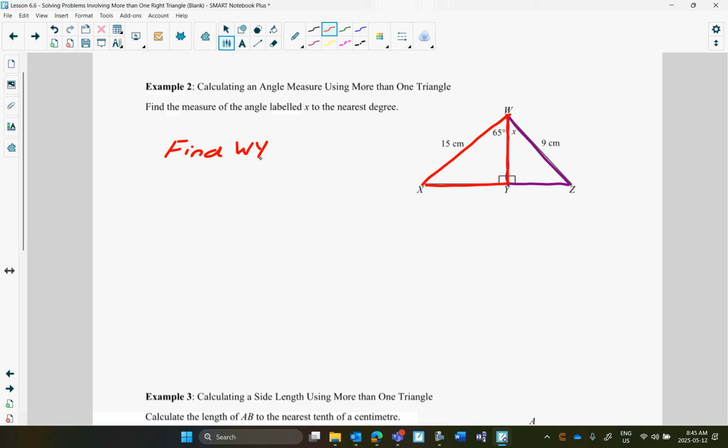Okay, so to find this side, here's my angle that I'm given, my acute angle. What's the name of this side? Focus on this right triangle. Adjacent, this side, which means cos. So cos of 65 degrees is equal to the adjacent side, which is WY, divided by the hypotenuse.